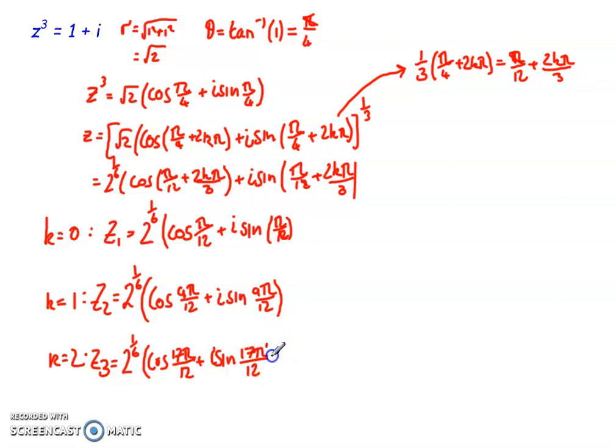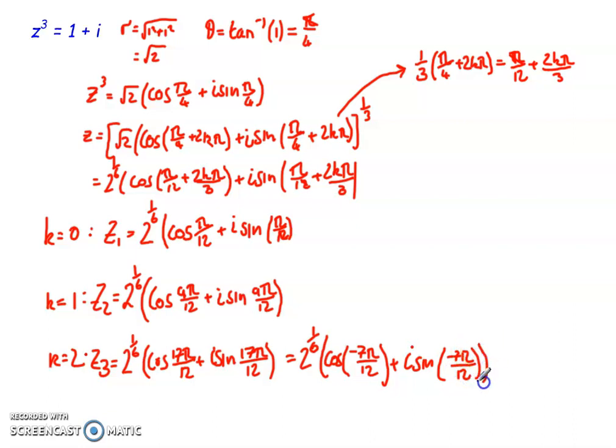Now remember, at this stage we need to bring this back into our negative pi to pi range, so I'm going to take 2 pi off of each of those. So that's going to give me 2 to the power of a sixth bracket cos, and when I take 2 pi off of it, what I end up getting is negative 7 pi over 12 plus i times sine of negative 7 pi over 12.